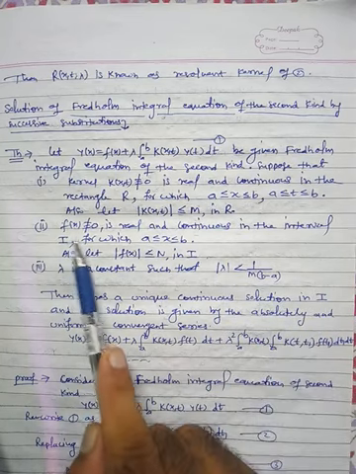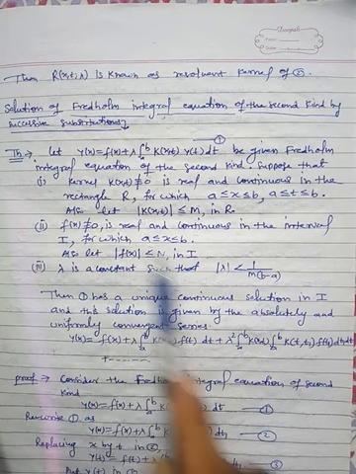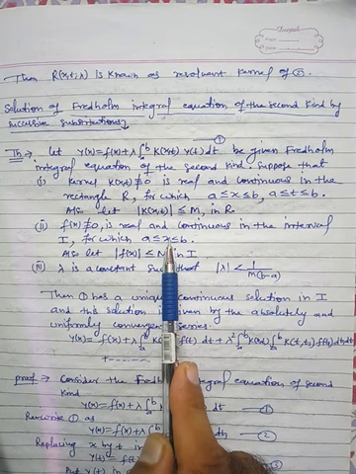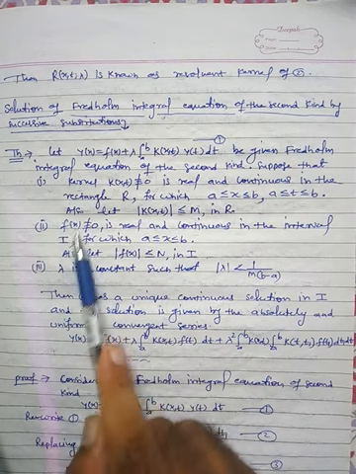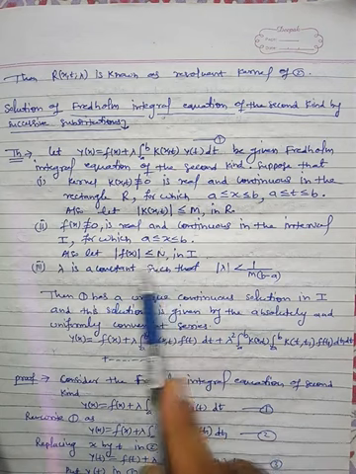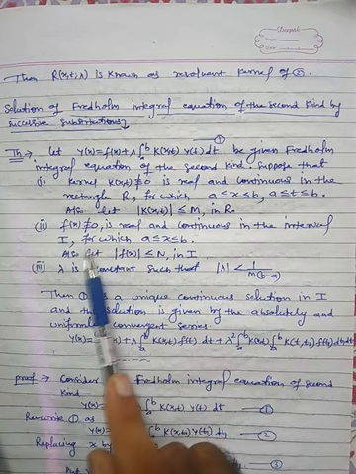Similarly, f(x) is non-zero, real and continuous in the interval I for which x varies from a to b, because this is a function of x only. Again, this function is bounded in the interval I.